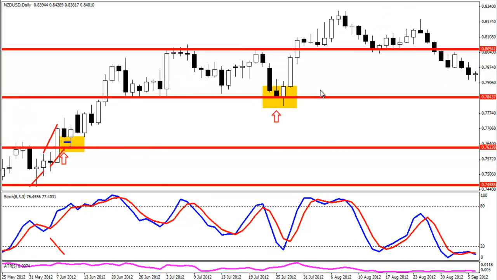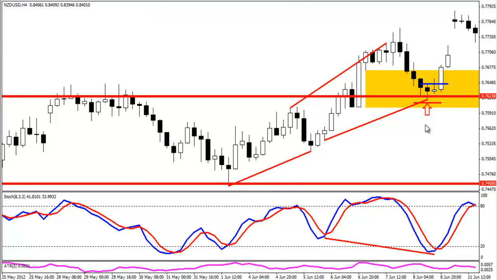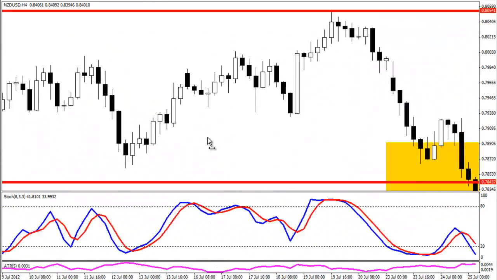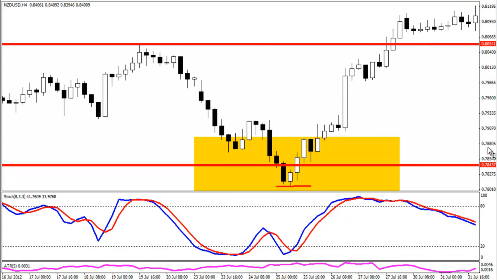If we look at the most recent example that we're working through, we can see that having entered into the trade, let's just use, for example, the 3-bar trading stop loss method, we can see that originally our entry point would have been around this price action reversal.